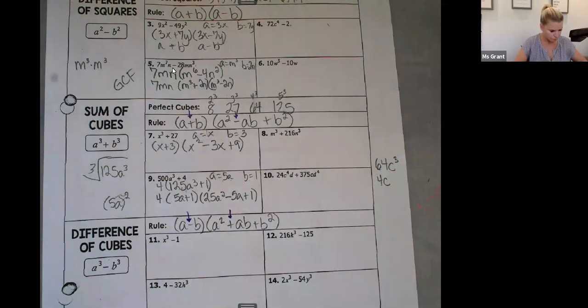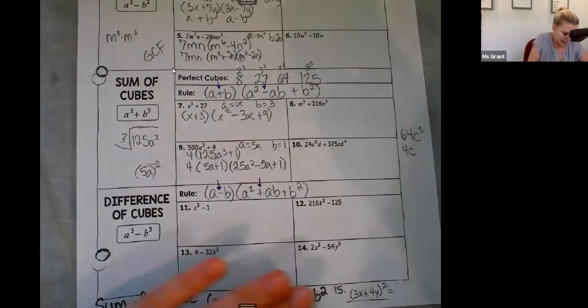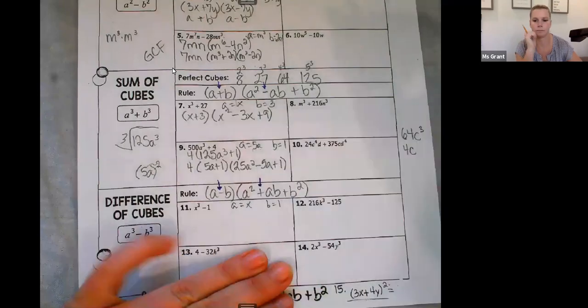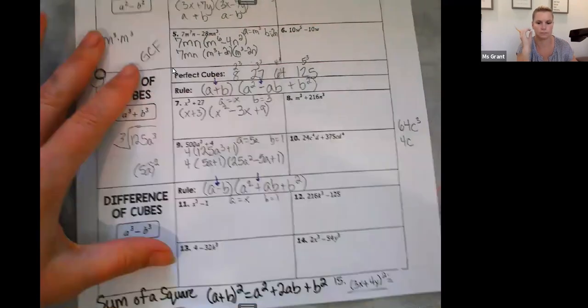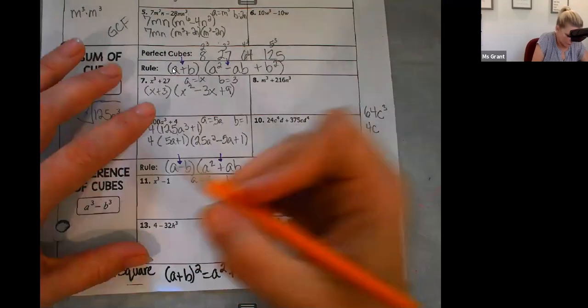Okay. x cubed minus 1. My a is x, my b is 1. So first I start out with a minus b, x minus 1.